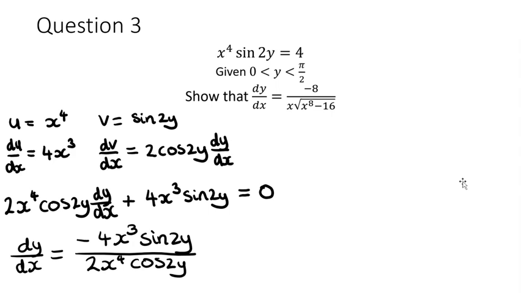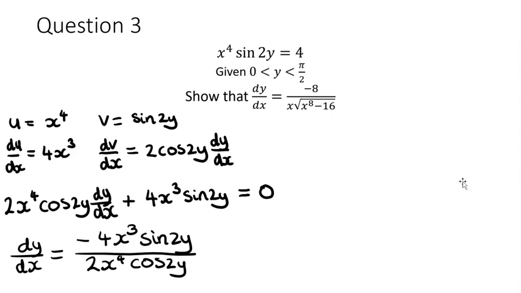Some of you might be thinking, sine 2y divided by cos 2y, I can just make that tan 2y. You can do that. I tried doing it that way, and it works out about the same level of work as what I'm about to show you, but you can do that if you wish.